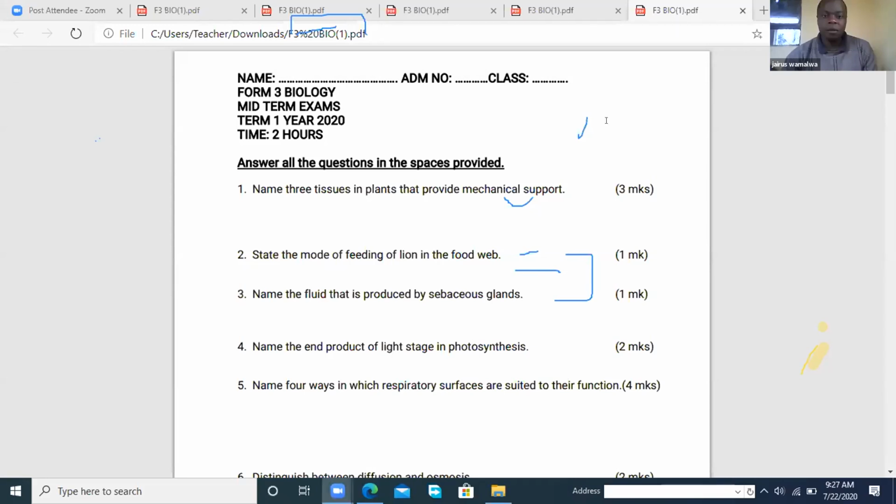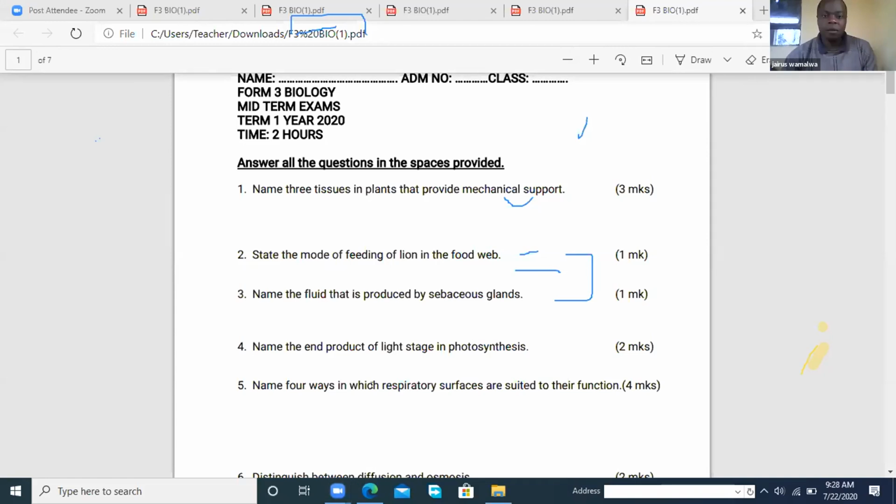The first question says, name the tissues in plants. For this lesson, we only revise this question paper that was done by another school just this time. So we shall discuss this paper, and then when we finish, we shall look at another one. The next time we can go through whatever we were discussing last time.